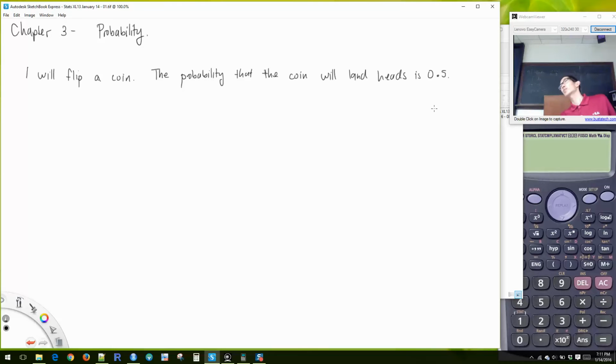A lot of times people, just in conversation, will say like 50-50 chance or something like that. But if we're going to be specific about the way we express probability, probabilities are numbers between 0 and 1 inclusive.